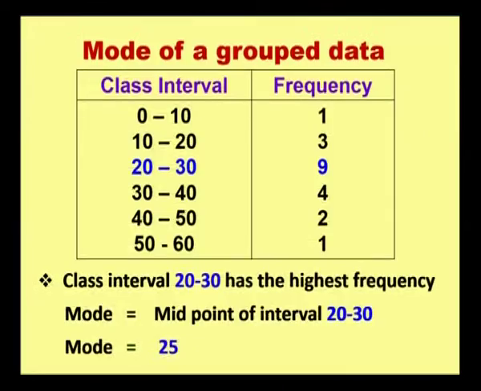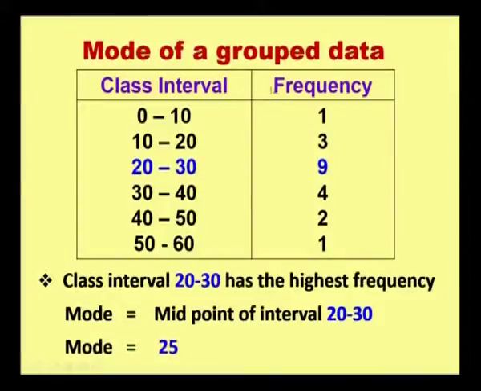Now, if the data set is singular, we can easily find out what the mode is. Suppose the data set is grouped data, with a class interval and the frequency, starting from 0 to 10, 10 to 20 and so on, so the class interval is 10. Here the class interval 20 to 30 has 9 items.